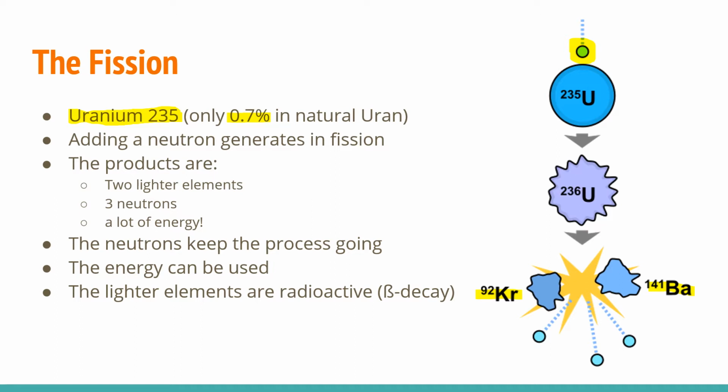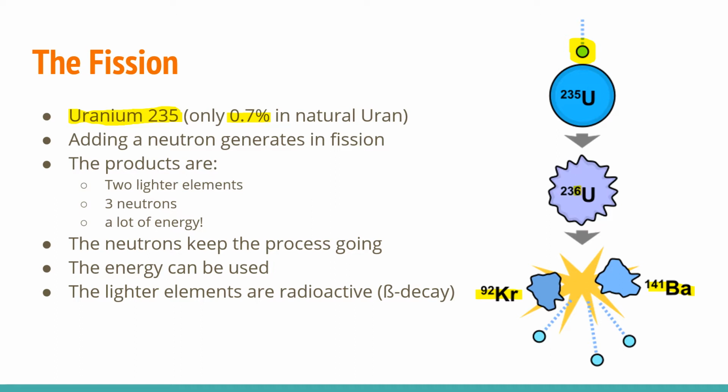What type of elements we produce is by chance. There is no prediction for that. And if you count the numbers, you see 92 and you see 141. That together is 233.